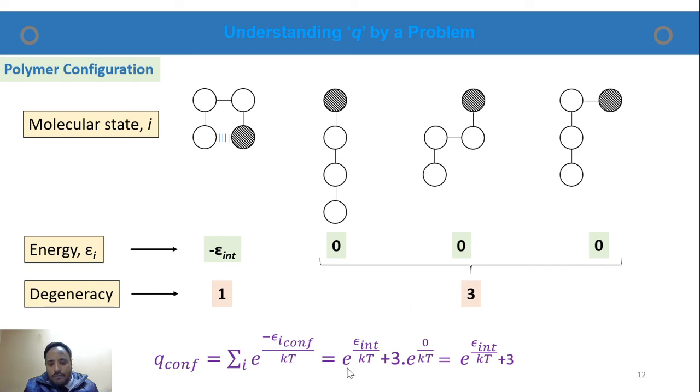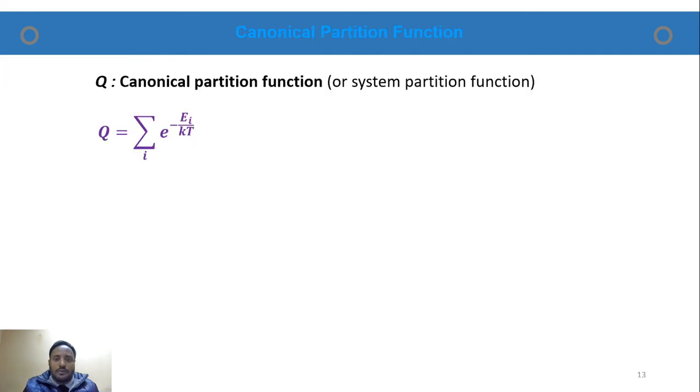So we will have e to the power minus of minus E interaction divided by KT, plus 3, the degeneracy, multiplied by the exponential term which has 0 in the numerator because the energies are 0. So we will have this as the value of the partition function for the configuration.